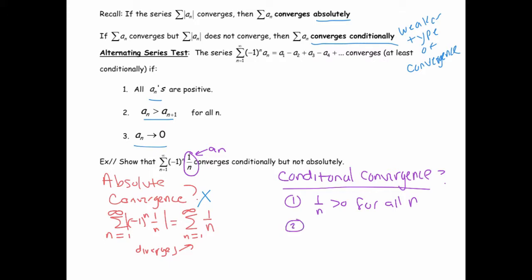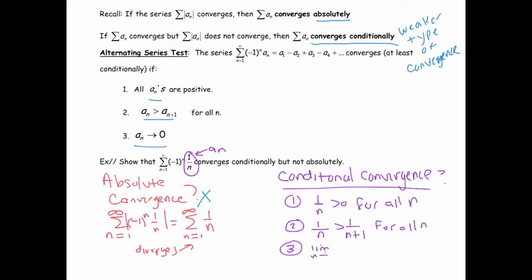Are all the terms decreasing? So is it true that the nth term is bigger than the n plus first term? I think we can see that that's true for all n. So far so good, and then we just have to show that the terms go to 0.